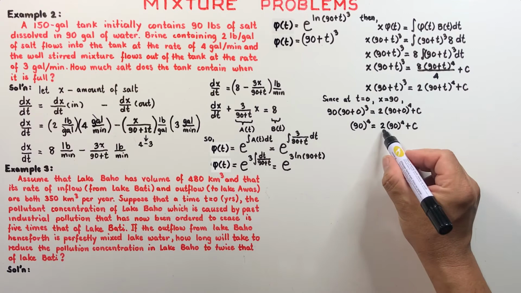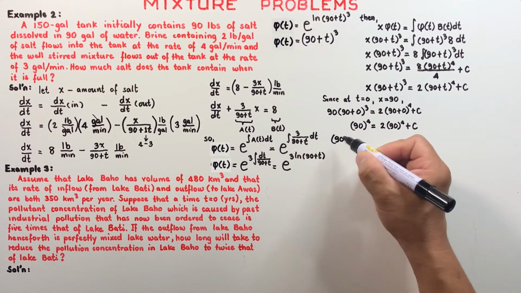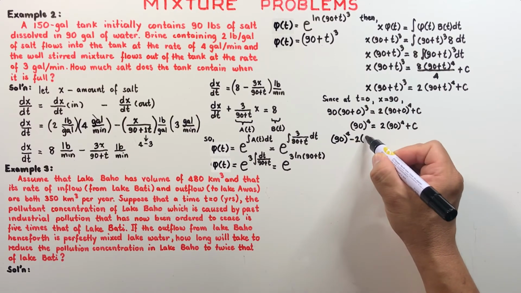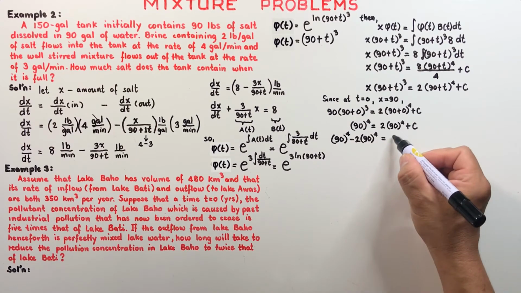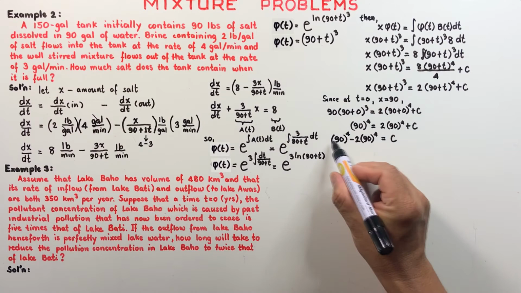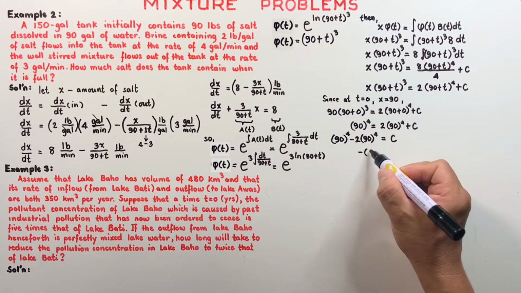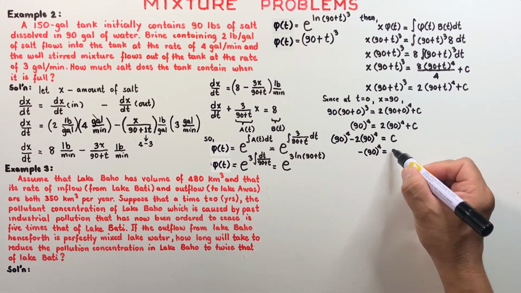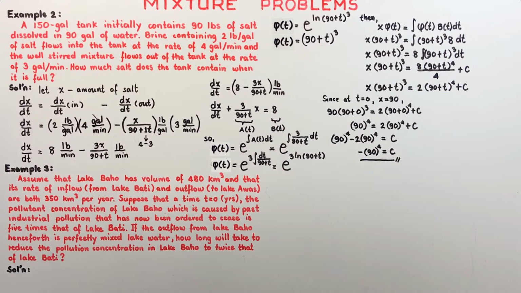However, if we move this one to the left side of the equation, we have 90 to the power of 4 minus twice of 90 to the power of 4, which is equal to the constant of integration c. So 1 minus 2 is negative 1. So this is negative of the fourth power of 90 here. So this is our constant of integration.